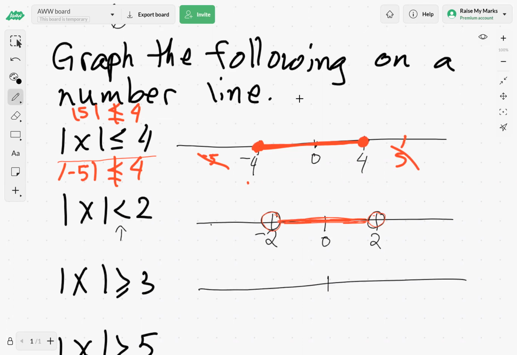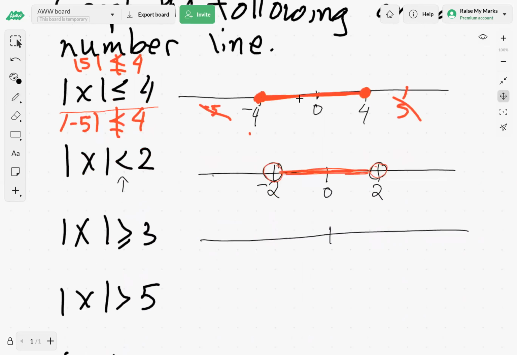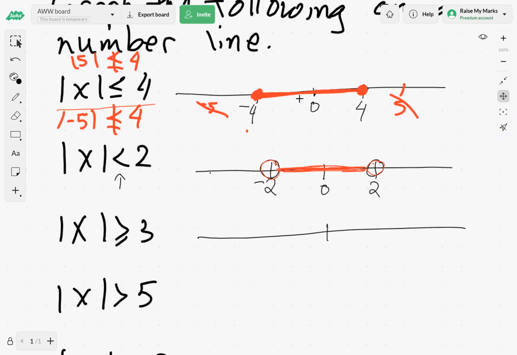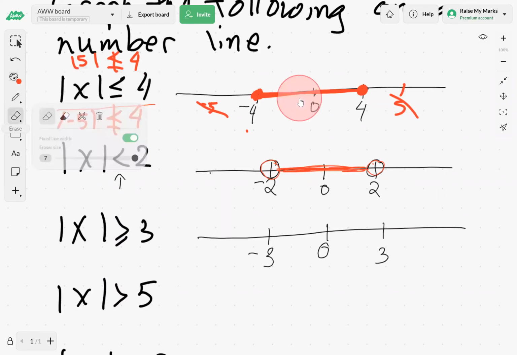Okay, so this time we have absolute value of x greater than or equal to 3. Again, our number line is going to be centered at 0. And we're going to consider -3 and 3. Let's pick another color for our actual number line.